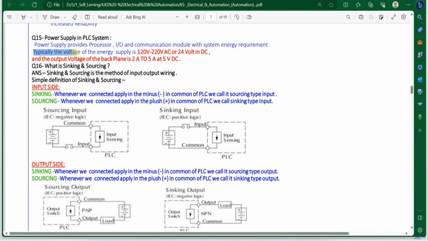Typically the voltage of the energy supply is 120 volt, 220 volt AC or 24 volt DC. But in the current scenario, 24 volt DC is generally used for PLC.